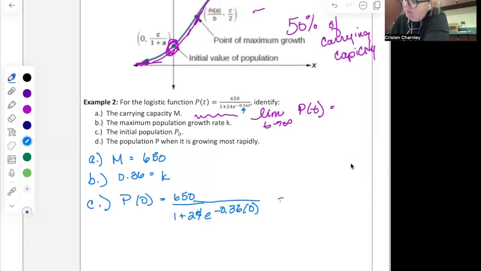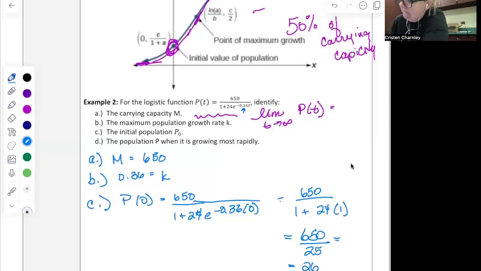So we still have 650 in the numerator, 1 plus 24, and e to the 0 power is just 1. So this is 650 divided by 25. That's pretty convenient. 24, 25, 26. Yeah, I'm pretty sure about that.